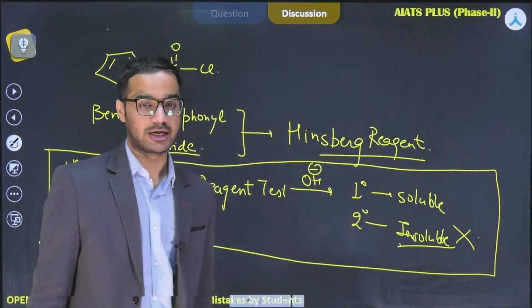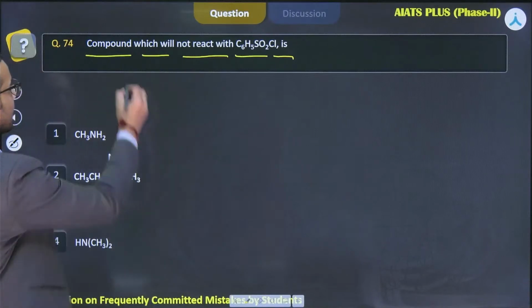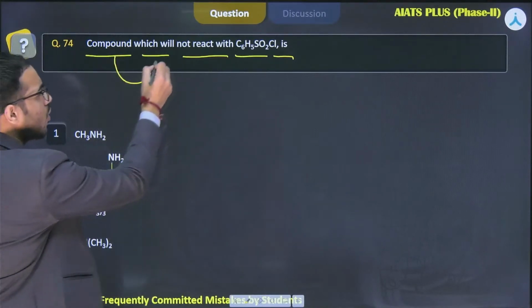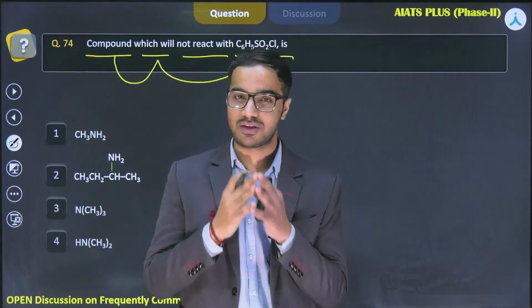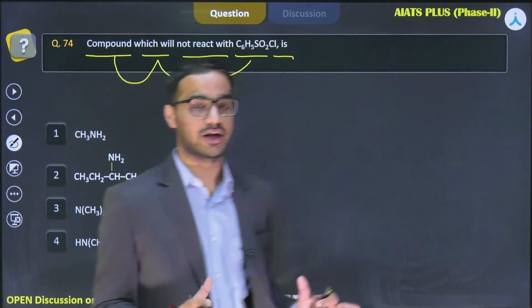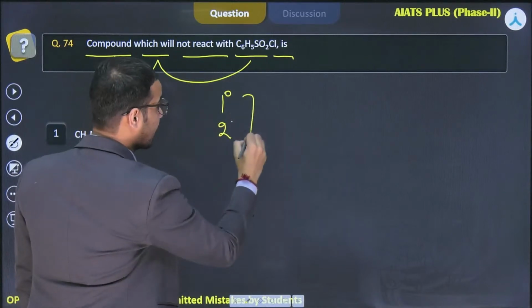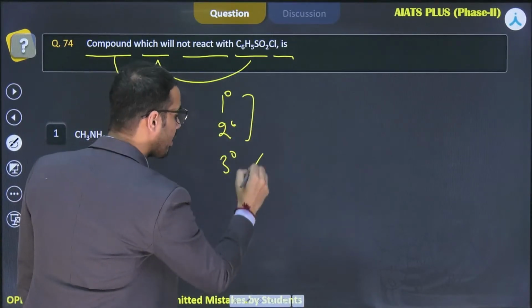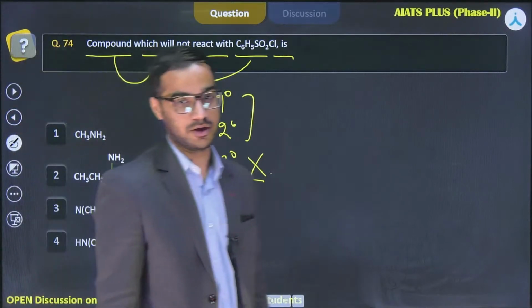Okay, let us get back to the question, what is the demand of this question? We can clearly say that the compound which will not react with benzene sulfonyl chloride, we have done the entire explanation regarding it, that only 1-degree and 2-degree can react and 3-degree will not. Let us check which among the following is a 3-degree amine.